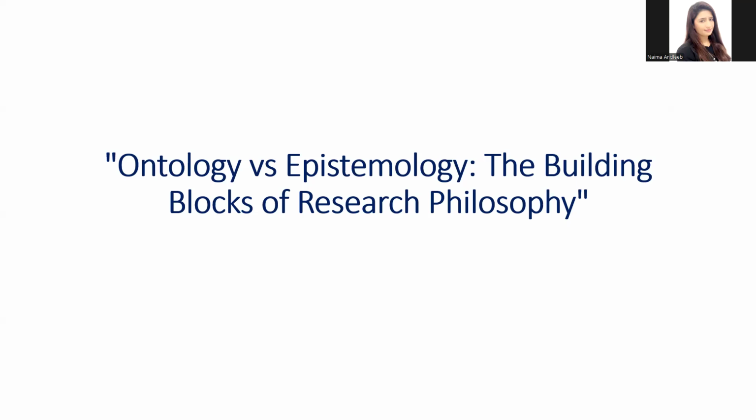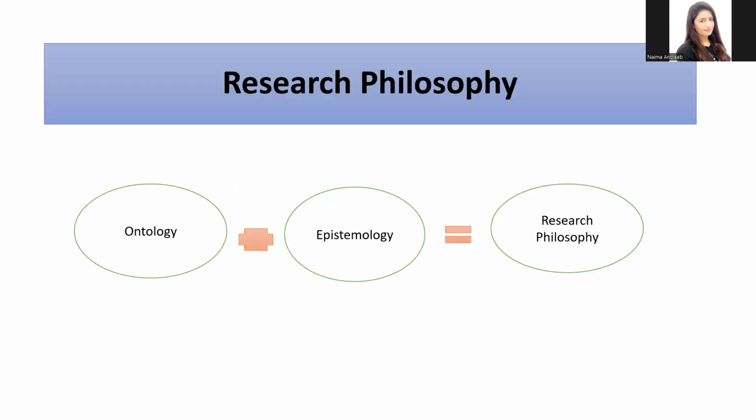According to the definition of research philosophy, we need to go with the beliefs, assumptions, and principles, and for these comes ontology and epistemology. These are the building blocks. You can see ontology plus epistemology makes research philosophy. In ontology, we have different types of ontology, and in epistemology, we also have different types of epistemology.